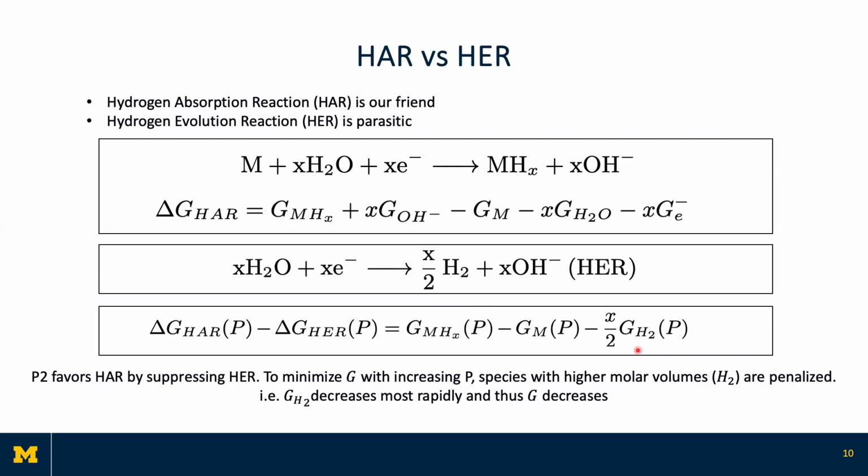But when you pressurize a gas, it has a huge difference on the properties and internal energy of that system. So hydrogen evolution is suppressed because the hydrogen gas molar volume significantly affects the free energy of hydrogen gas. So that's how we think about why this approach is advantageous for forming more metal hydride than hydrogen gas.